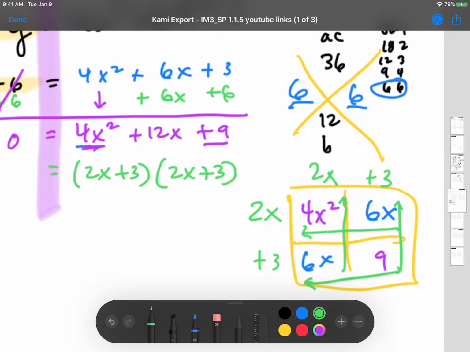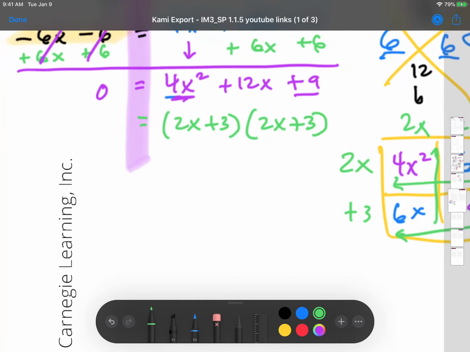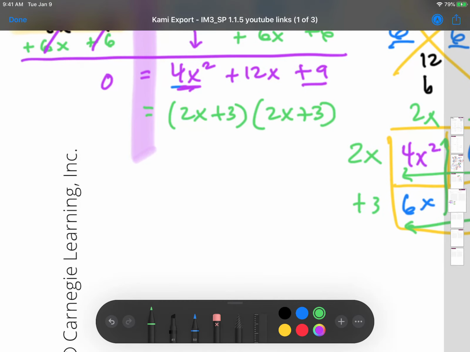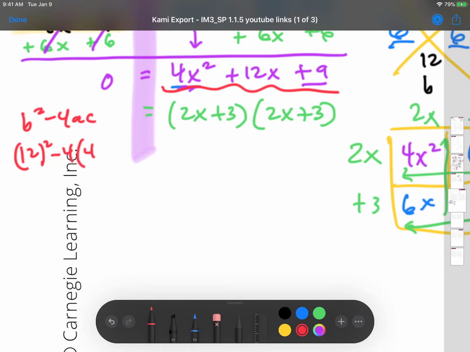Now, I should have done the discriminant, which I didn't in this problem, but hopefully you can guess that it's going to be one solution. Why? Remember the discriminant, b squared minus 4ac. It's after you've combined the equations through substitution. My b value is 12. My a value is 4, and my c value is 9.